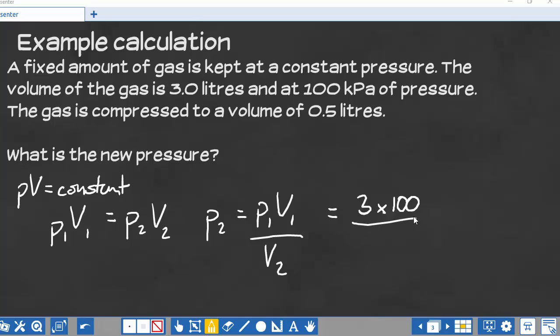Notice with this proportionality, the units don't matter as long as they're all the same on either side. So 3 times 100 divided by 0.5, have a quick tap on your calculator and you should get an answer of 600 kilopascals. Okay, over to you to have a go.